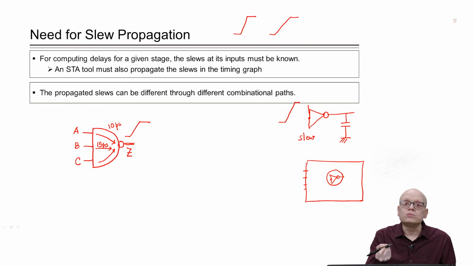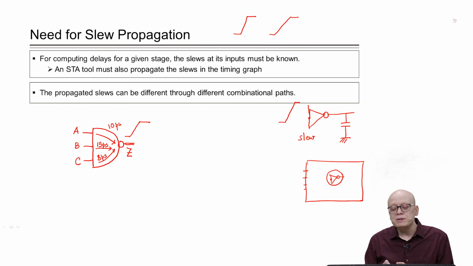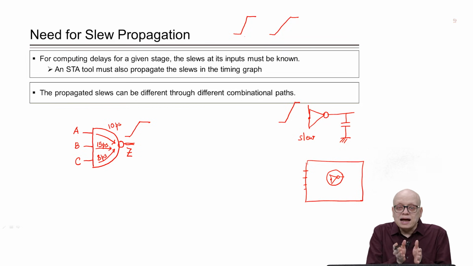Similarly, there will be an output slew for the arc C to Z, and let us take a value of 8 picoseconds. So, the propagated slew can be different through different combinational paths in one cell itself.